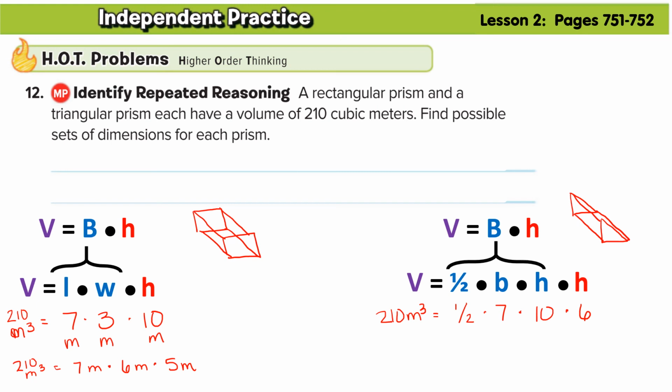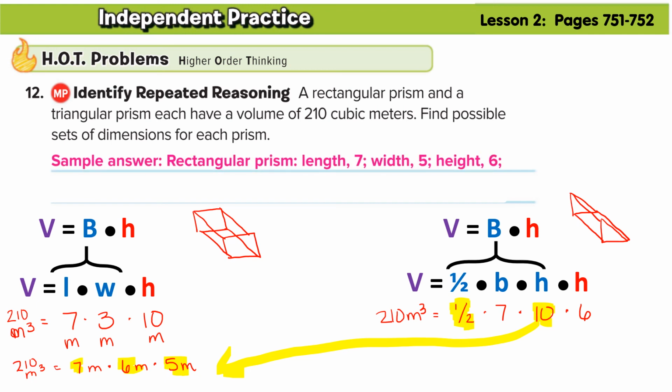I want to get 7, 6, and 5, but I have this 1/2. So if I do 1/2 times 10, then that will give me 5, okay? So there you go. If I multiply 1/2 times 7 times 10 times 6, that will give me 210. All right, so there you have it.